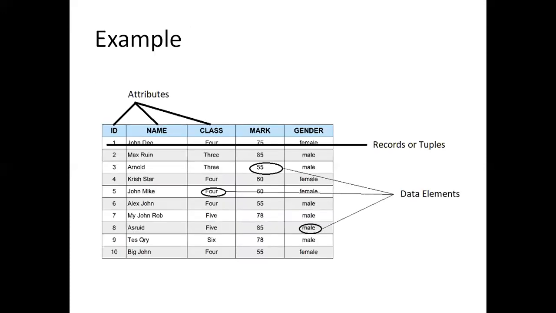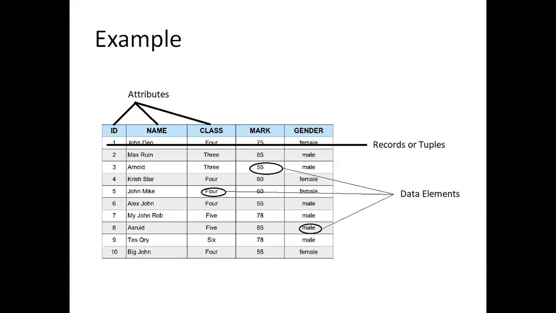So this is my student table. A student table is very common and very easy to understand, so we will take the example of a student table. In this table, these vertical strips are called columns, like ID, name, class, marks, gender. These are all the columns, that means attributes or fields of my table.